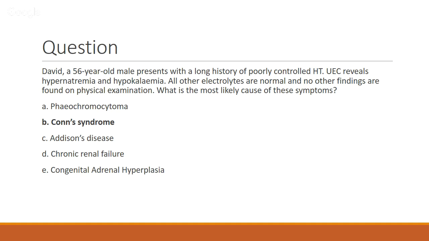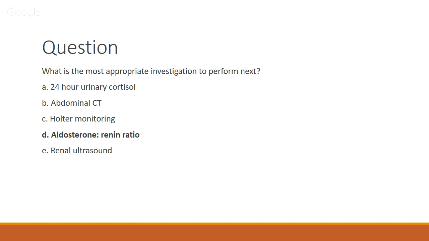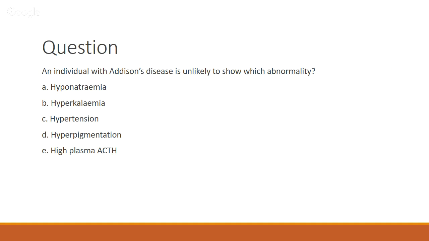However, I mentioned earlier that a differential diagnosis for Conn syndrome is renal artery stenosis because they both cause increased aldosterone. So the most appropriate investigation to perform is going to distinguish between these two causes. The aldosterone renin ratio distinguishes between Conn syndrome and renal artery stenosis. All right, next question.